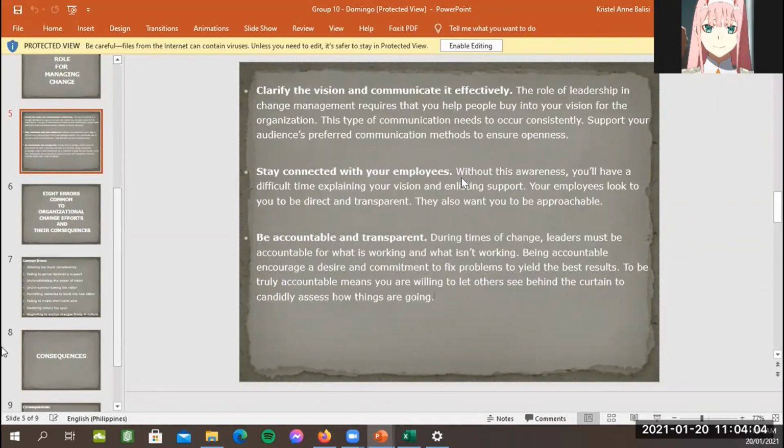Leading with transparency helps ensure that employees' expectations are appropriately set and fulfilled. With clear, open, and frequent communication, employees are less likely to make false assumptions about their jobs or their organizations. That's it, ma'am. Thank you.